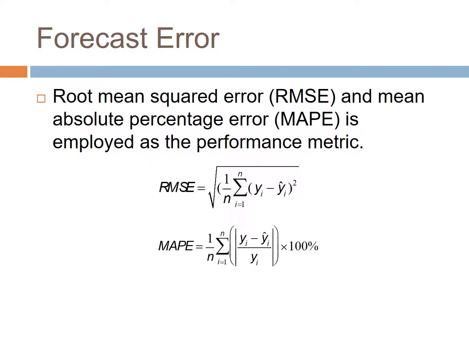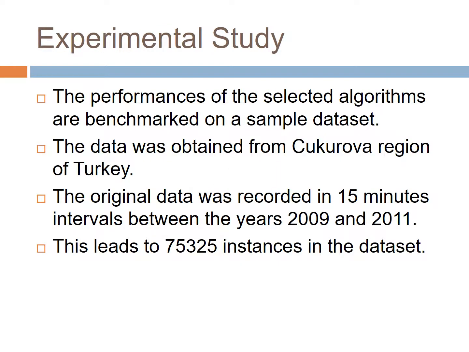To measure the performance of the proposed models and to benchmark them against each other, we used root mean squared error and mean absolute percentage error metrics, as the formulas can be seen on the screen. And we compared those two approaches, I mean support vector regression and multivariable gray prediction, in an experimental study.